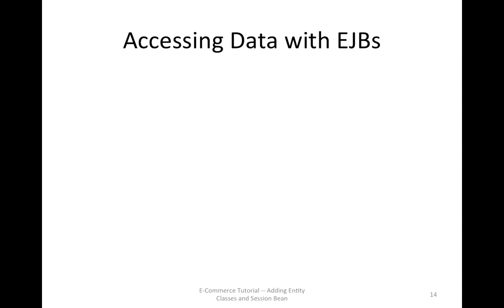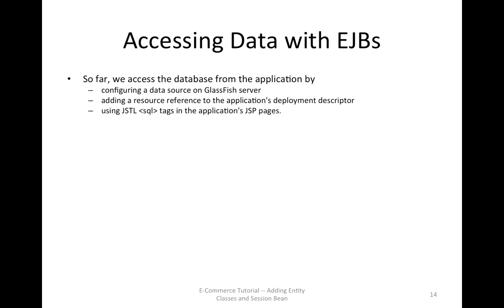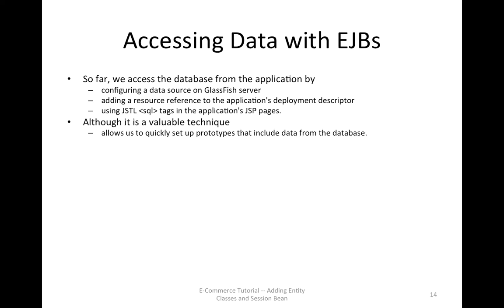Our final task for this unit of the tutorial is accessing data with EJBs. So far, we accessed the database from the application by configuring a data source on the GlassFish server, adding a resource reference to the application's deployment descriptor, and using JSTL SQL tags in the application's JSP pages.